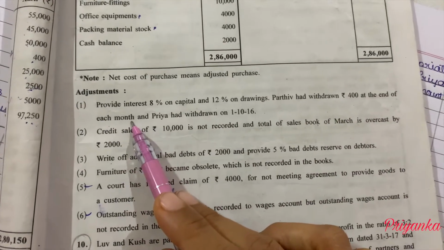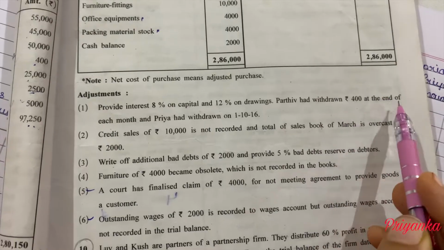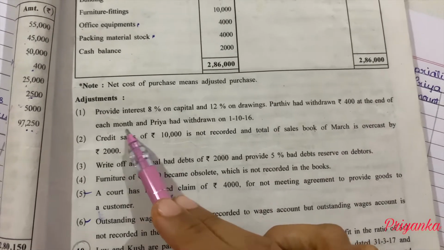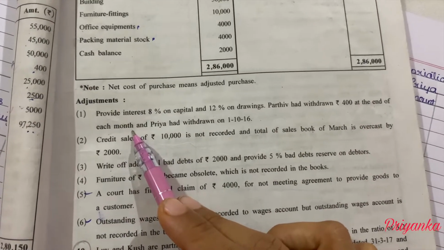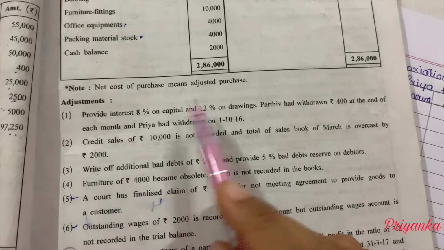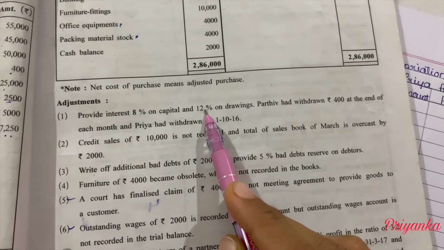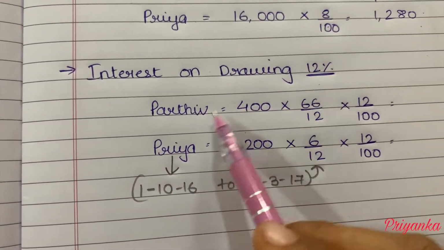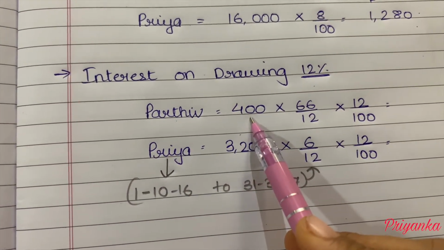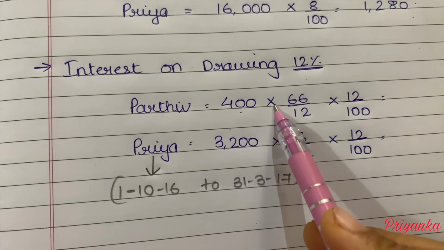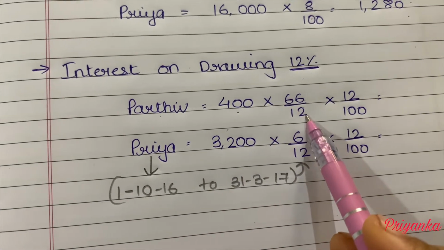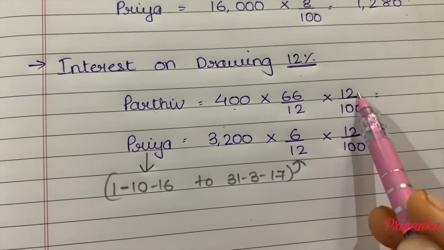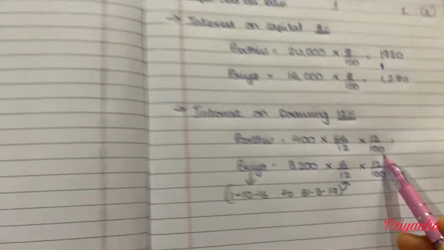For this calculation you have to take this 400 only. For the end of each month, remember the formula: take 66 divided by 12 and calculate it at 12%. Here for the interest on drawings at 12% for Parthiv, I took 400, which is given in your adjustment.